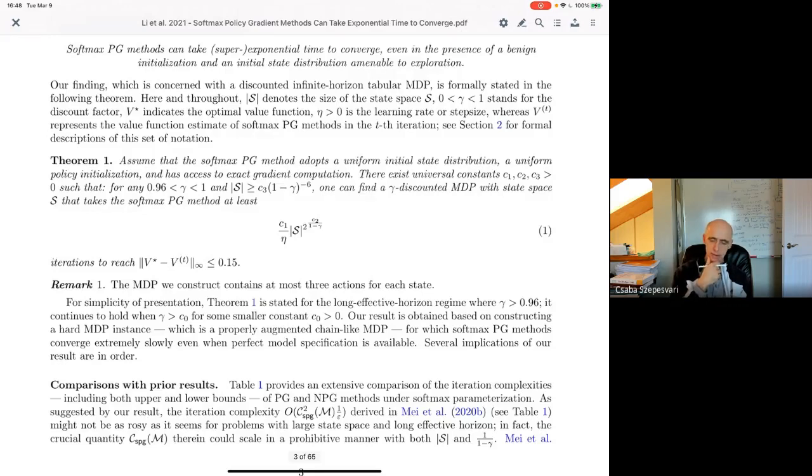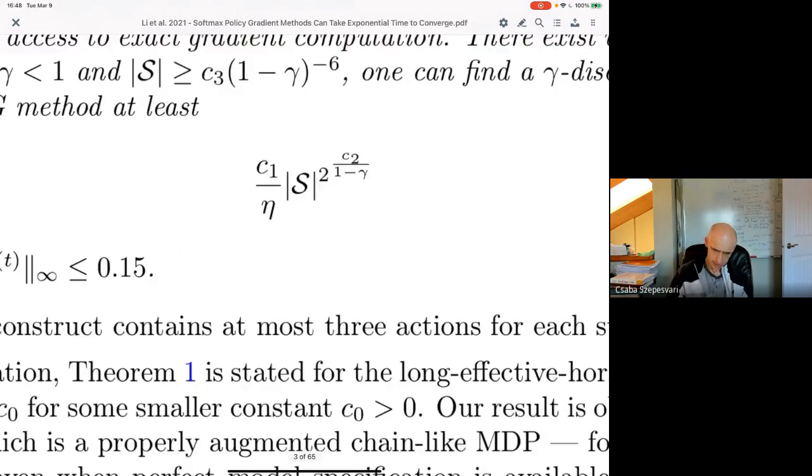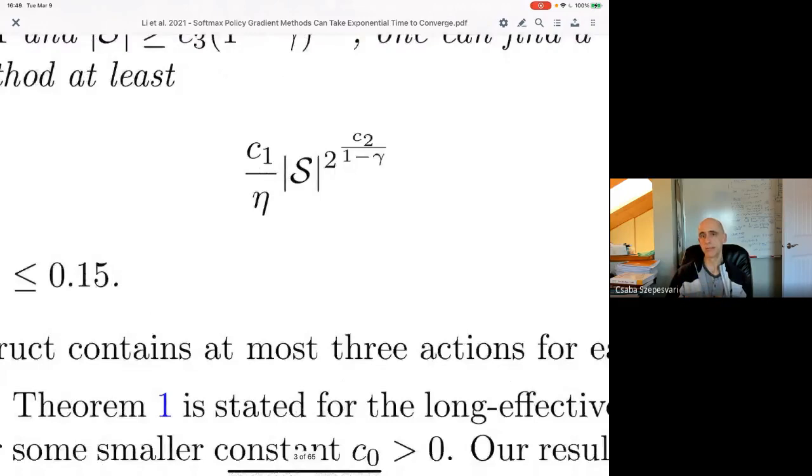Then for some universal positive constants, and every discount factor which is big enough, and every state space which is large enough, you can find a gamma-discounted MDP with this state space such that the number of iterations that policy gradient with the softmax parameterization needs is at least 1/eta times the size of the state space raised to the power of 2 to the effective horizon.